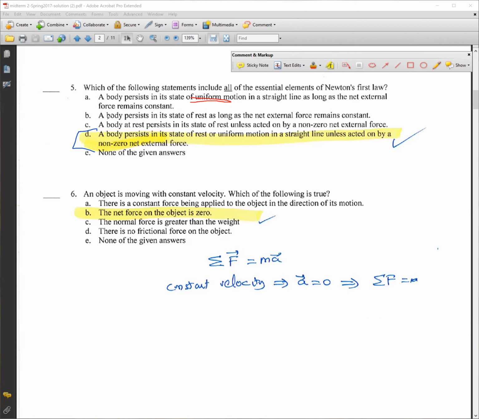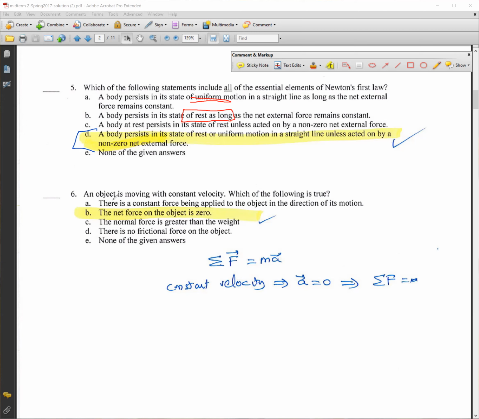The second one, a body persists in a state of rest as long as the net external force remains constant, only talks about the state of rest and does not include uniform motion. Option C, a body at rest persists in a state of rest unless acted upon by a non-zero net external force. Same thing, not all the elements are there. So only option D includes all the elements of Newton's first law.